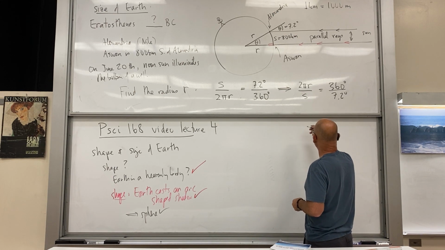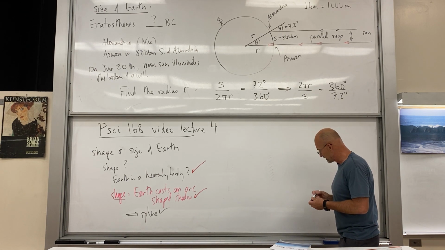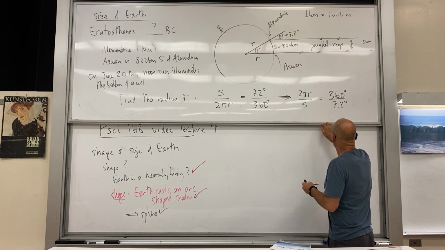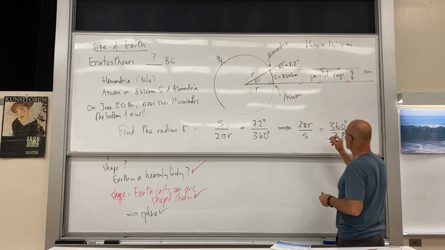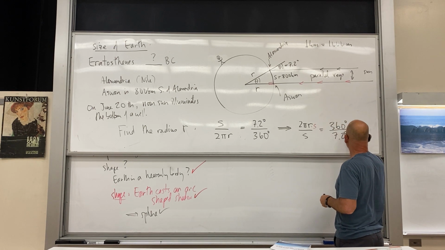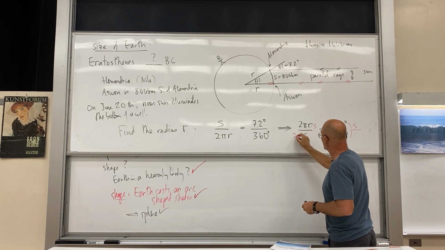Now we're just going to cross multiply. So here's what I'll do. I'll just show you, for those of you who haven't done this in a while. Now that I've done this, I can multiply both sides by s and divide both sides by 2 pi.